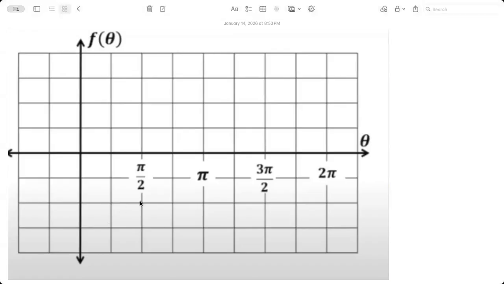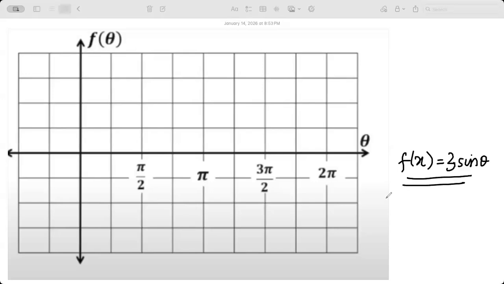Let's see. We are going to go ahead and plot 2 cos theta and 3 sin theta. Let's see how we are going to plot them. First we'll plot f of x equal to 3 sin theta.